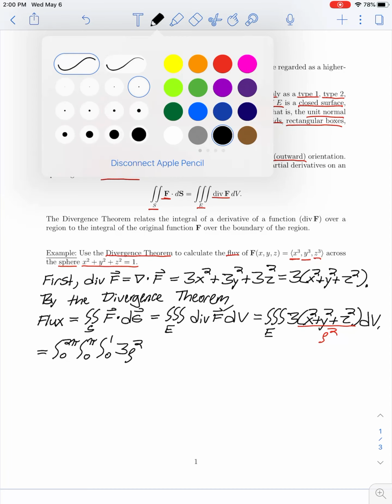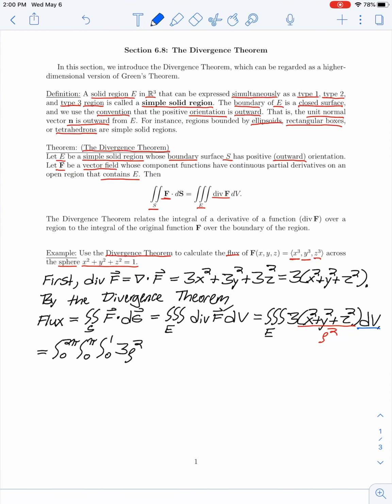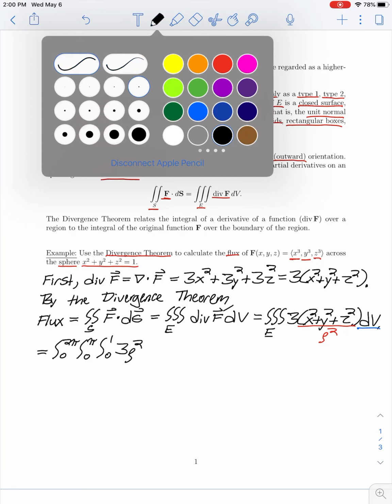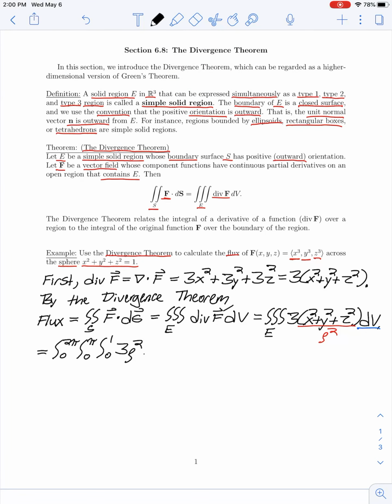And then our differential of volume on the end in terms of spherical coordinates is given by rho squared times sine of phi d rho d phi d theta. All right. So here, let's start evaluating this integral.